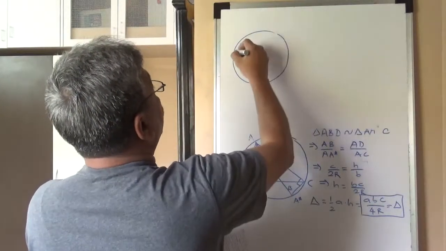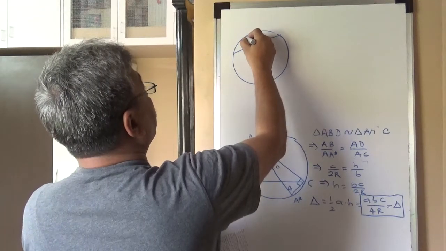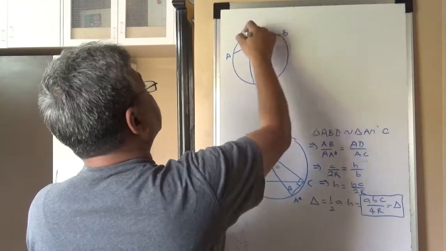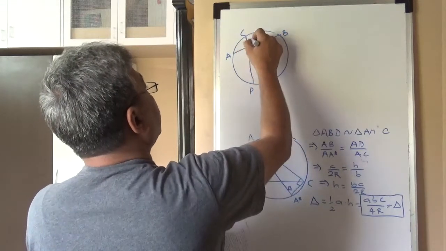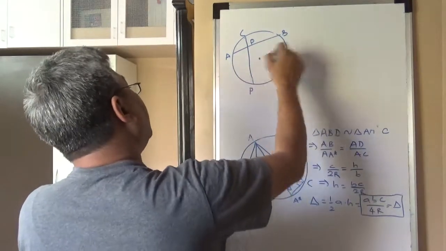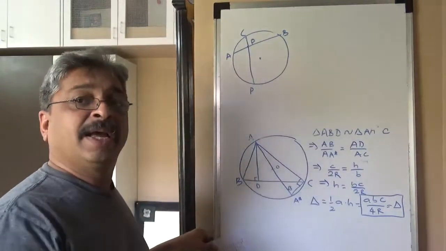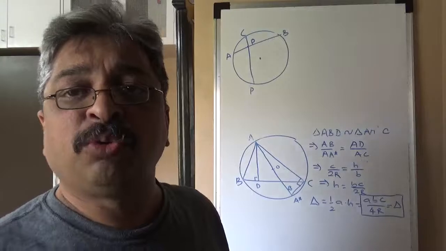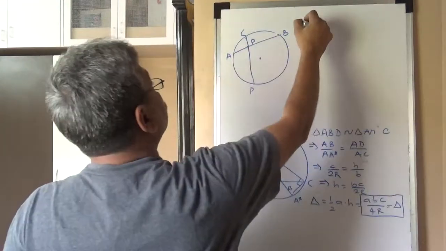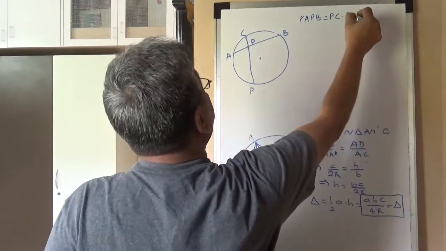In a circle, if you have two intersecting chords, something like this, A, B, C, D, and this is P, and the moment you draw the circle, you have a center fixed, radius is fixed, and the moment you take point P in the circle and pass whatever number of chords through P, we have PA into PB is equal to PC into PD. That is what we have seen.